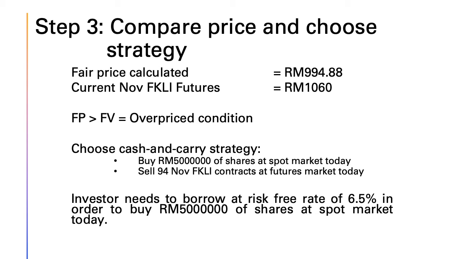So cash and carry strategy, if you still remember, you need to buy spot, sell futures. That means you need to buy 5 million of shares at the spot market today. At the same time, you sell 94 November FKLI futures contract at the futures market today. So investor needs to borrow at risk-free rate of 6.5% in order to buy 5 million of shares at the spot market today.